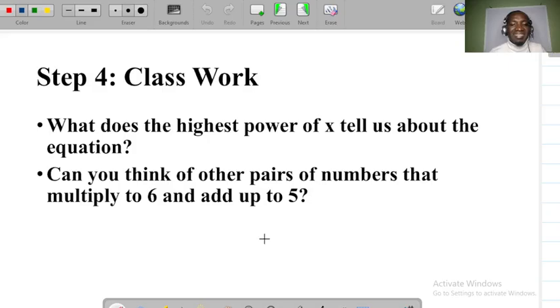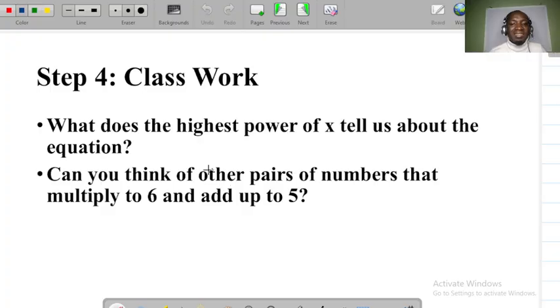Yes, that's good. The highest power of x tells us whether it is quadratic or it is not quadratic. If it is power 2, then it's quadratic. If it is more than power 2 or less than power 2, then it is not quadratic.